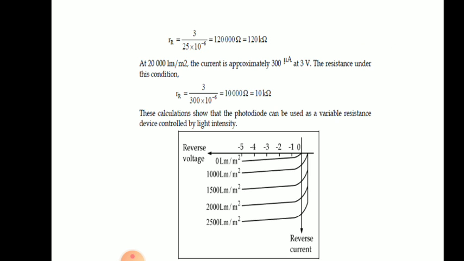But we have drawn a number of curves because of the change in the intensity of illumination: 0 lumens per meter square, 1000 lumens per meter square. That is how much light intensity is falling on a particular one meter square area. As the illumination value increases, the reverse current produced is also increasing. Observe the curve increasing in the reverse direction, that is the negative value.